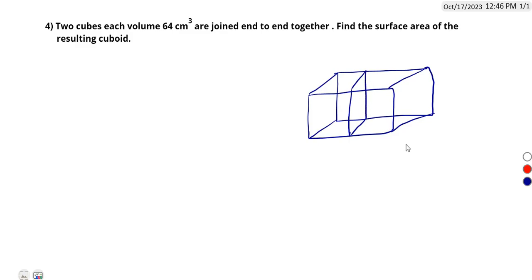Find the surface area of the resulting cuboid.